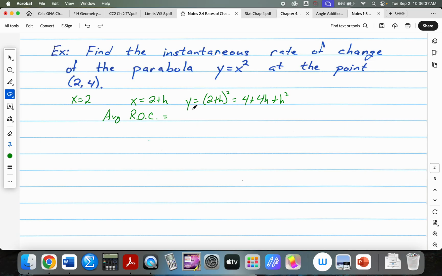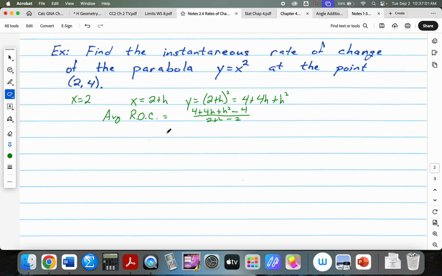So the average rate of change is going to be 4 plus 4h plus h squared minus 4, over the change in the x-coordinates, 2 plus h minus 2.